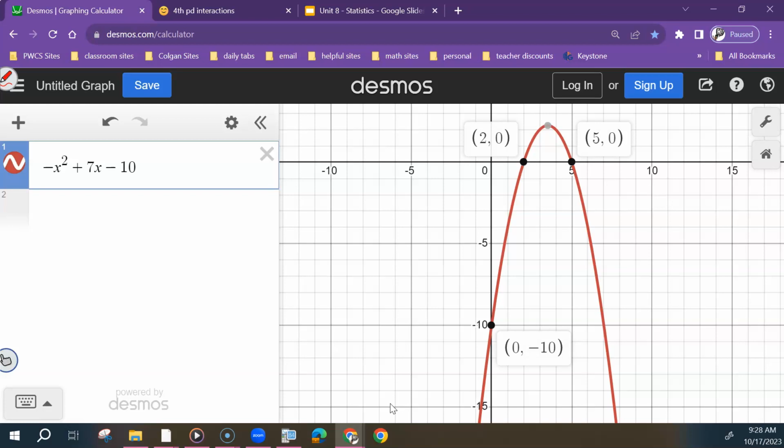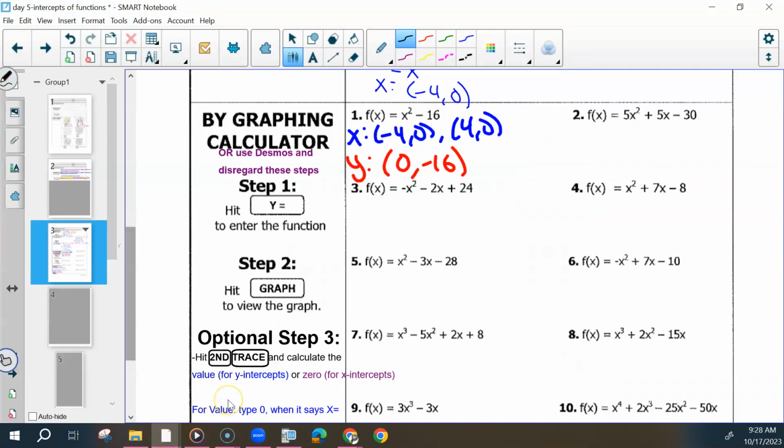It's much easier in Desmos than in the calculator. So then we can write those down. 2, 0, 5, 0, 0, negative 10. Do we have any questions on how to find x and y-intercepts on Desmos?